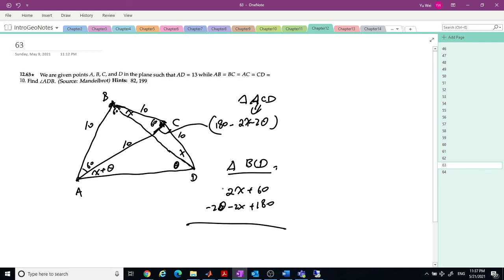Now we add them together, we can see 240 minus 2 theta equals 0. Then theta... let me see.